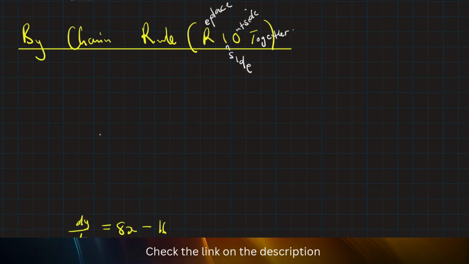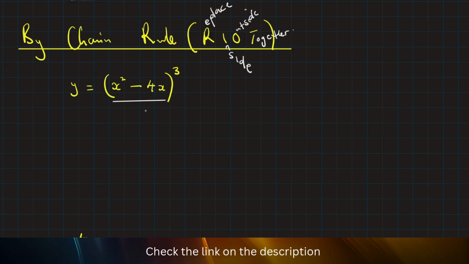For example, y is equal to x squared minus 4x, all of that cubed. The best way to do that: the inside is the function which is inside the bracket.